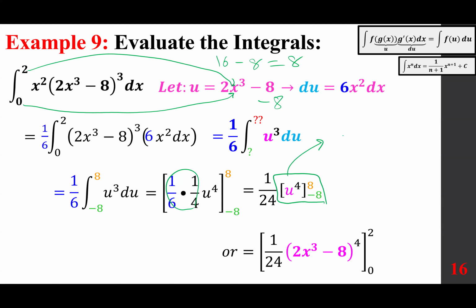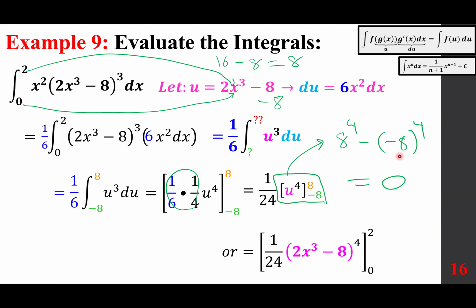This is 8 to the power of 4 minus (−8) to the power of 4, which is 0. Why is that? Because the exponent is even here. (−8) to the power of 4 is identical to 8 to the power of 4. They cancel each other.